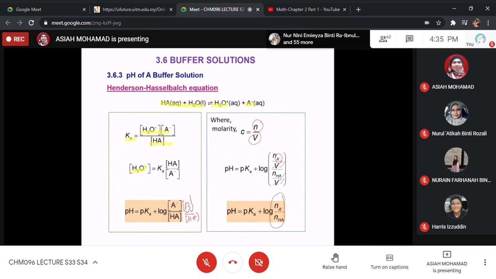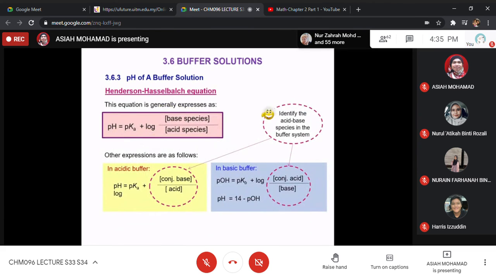These are the equations that you can use to calculate the pH of a buffer solution. This is the general equation for Henderson-Hasselbalch: pH equals pKa plus log of the base species over the acid species concentration at equilibrium.